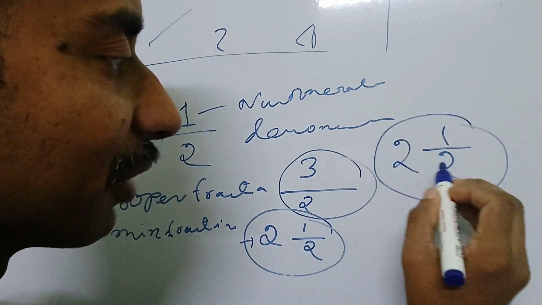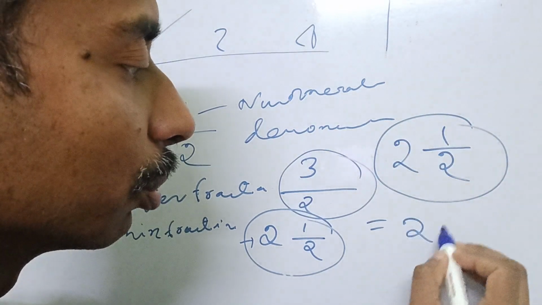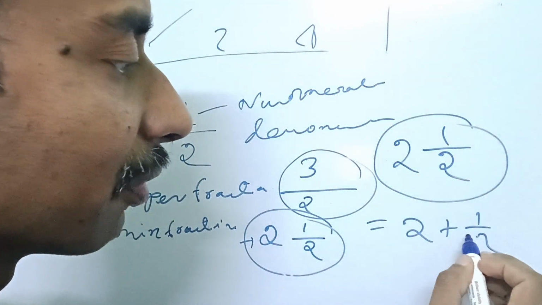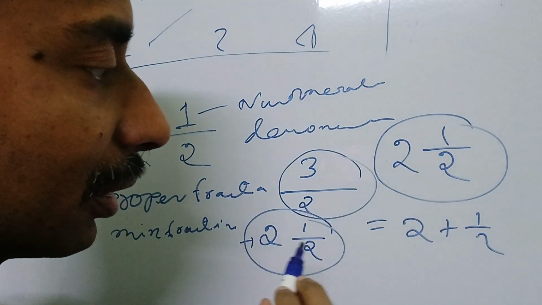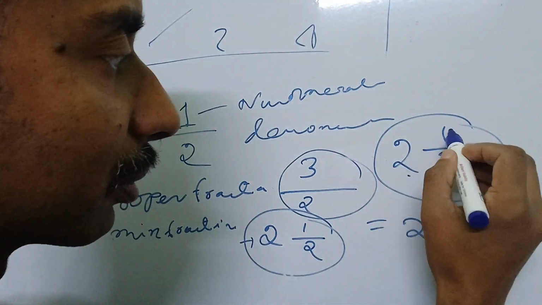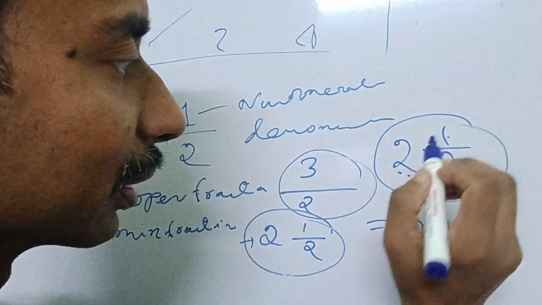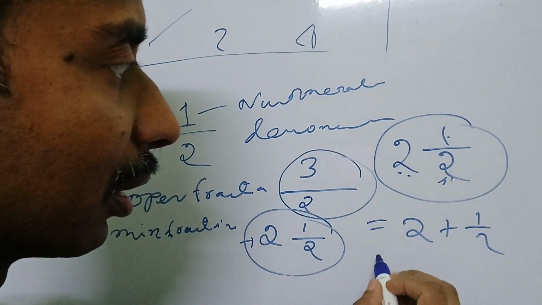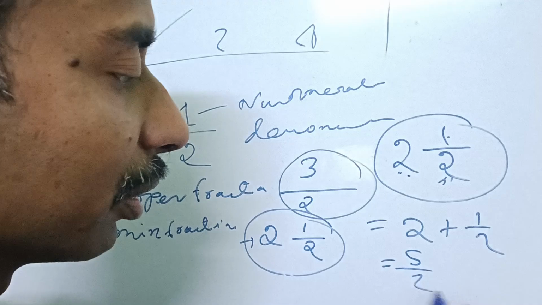It can be converted as 2 into 2 plus 1, the whole number times the denominator plus the numerator, over the denominator. It means 5 by 2.